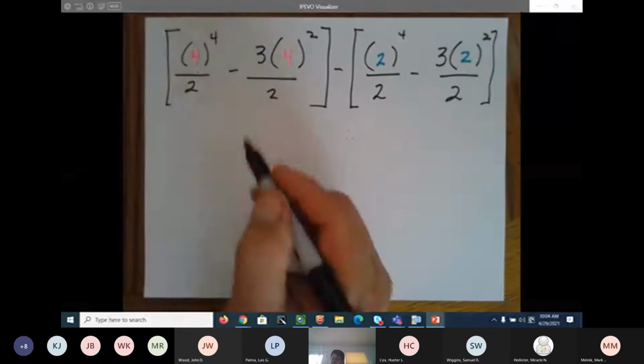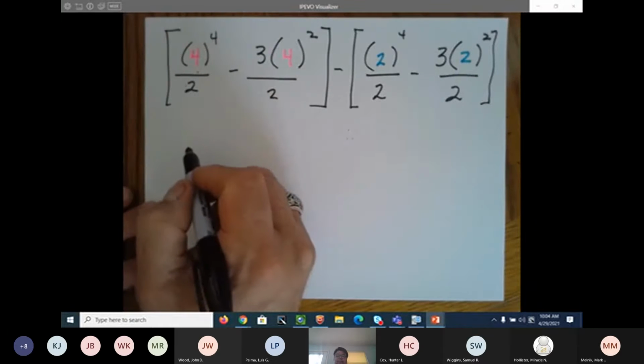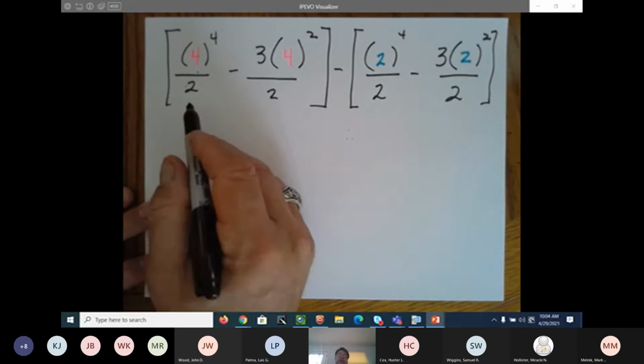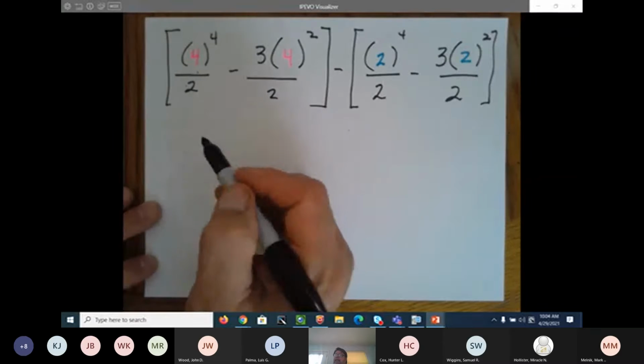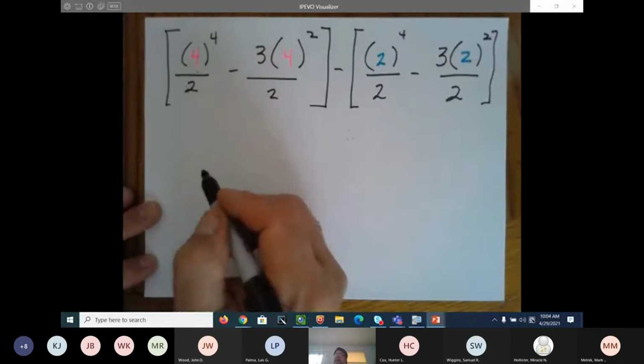So here we go. 4 to the 4th power is what? Well, 4 to the 3rd power is 64, right? So 64 times 4 is 256. Somebody check me, please. What's 4 to the 4th power?